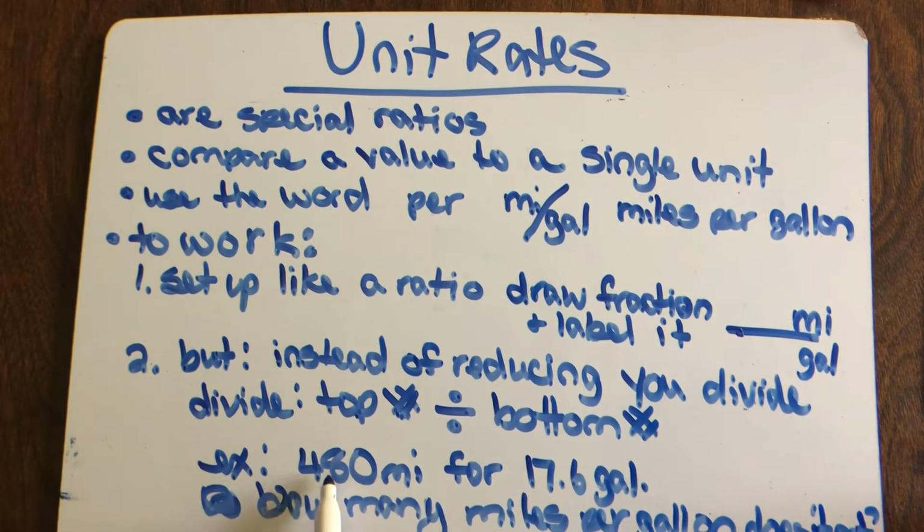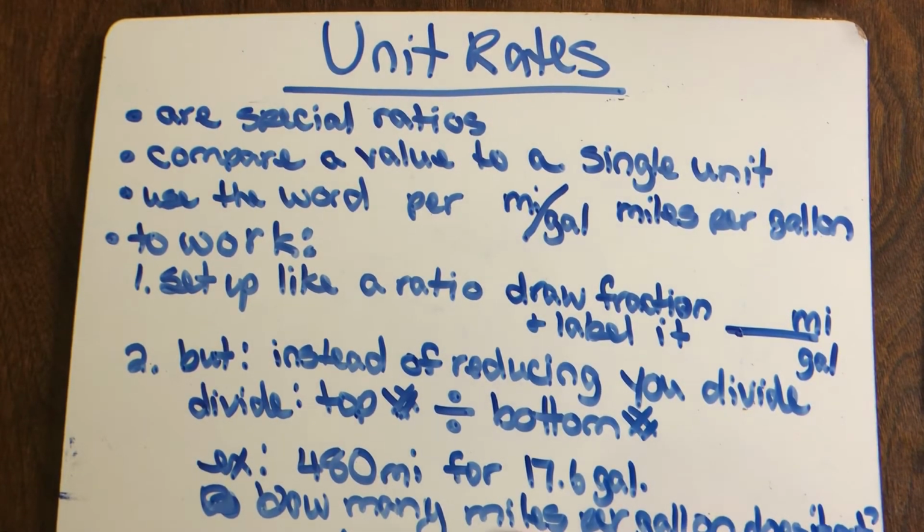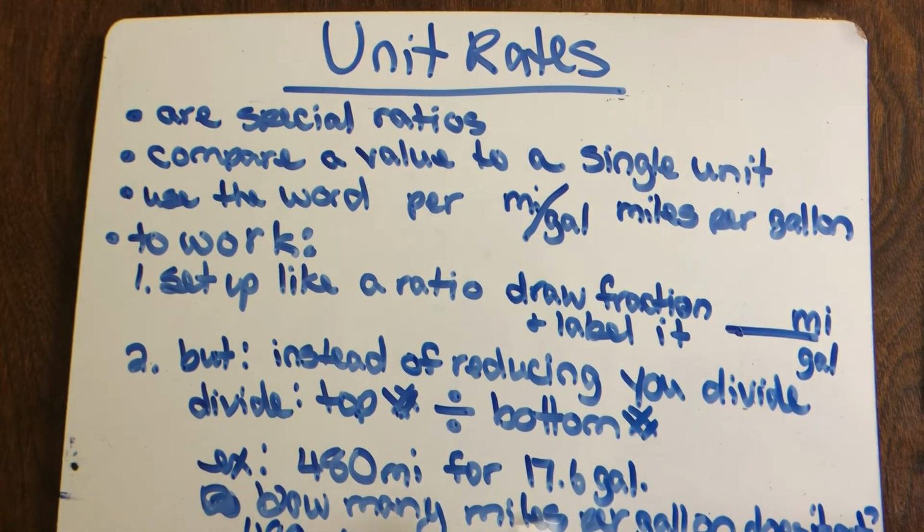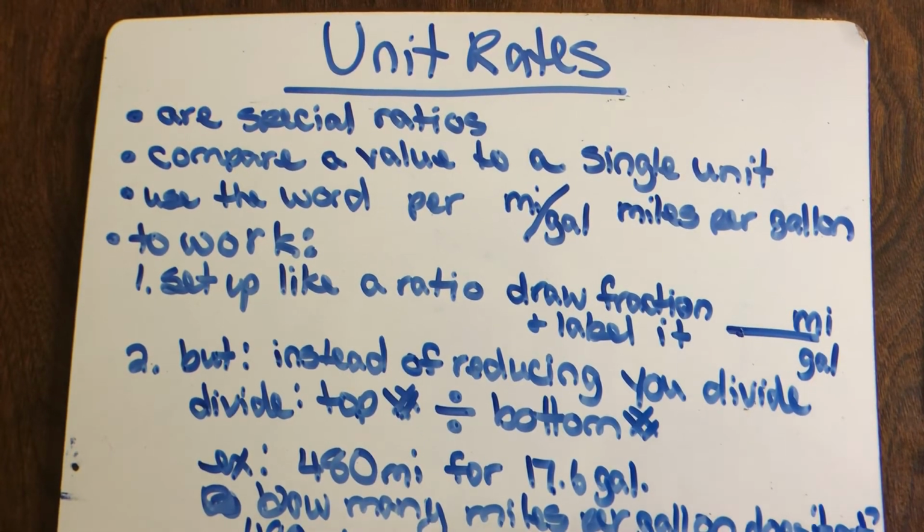Okay, so now you set this up like a ratio, miles over gallon, because I asked you how many miles per gallon does it get right here. So miles had to go on the top. I'll put my numbers in. So I have 480, and then I have 17.6 gallons, but I'm going to work it like a division problem.